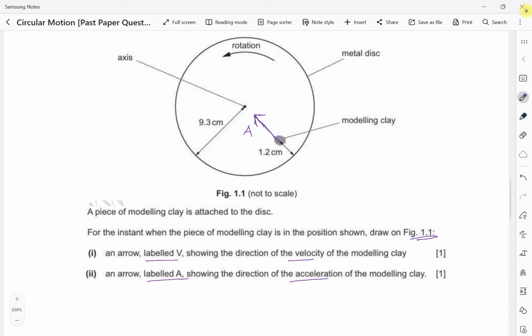Then, because the velocity is always perpendicular to this, I will draw another arrow which is at 90 degrees to this. I should get a ruler. V and A must be at right angles to each other, so I want to make this 90 degrees to the other one.